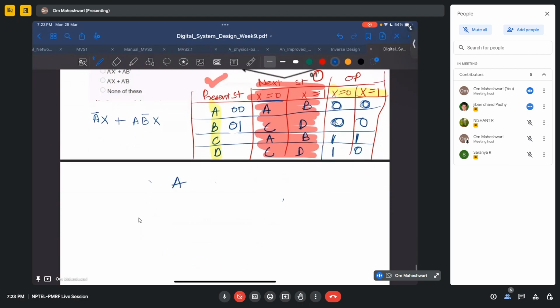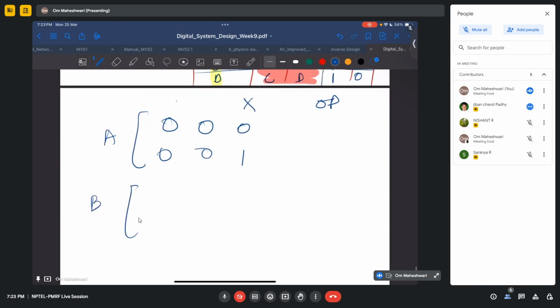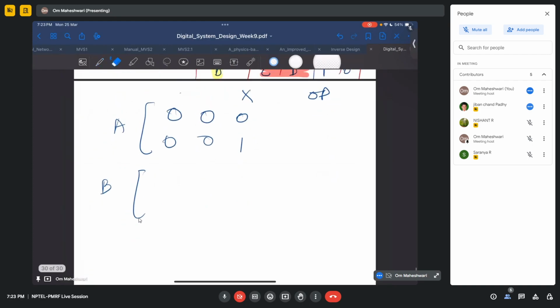So let us write A, B, C. No, we can write 0, 0. This is X output 0, 1. This is state A. Similarly, B. Let me write it smaller.